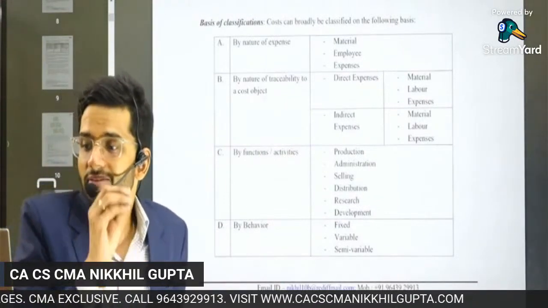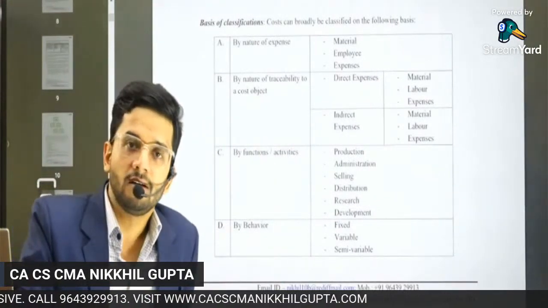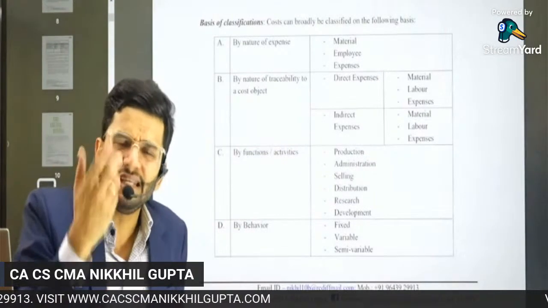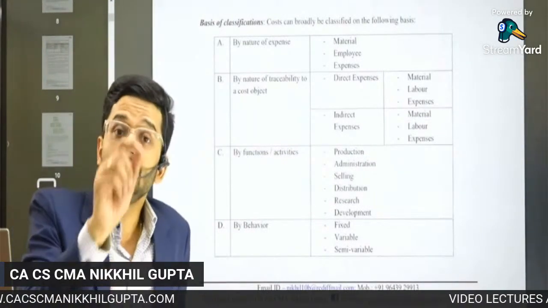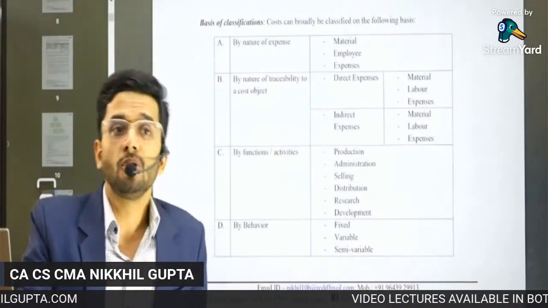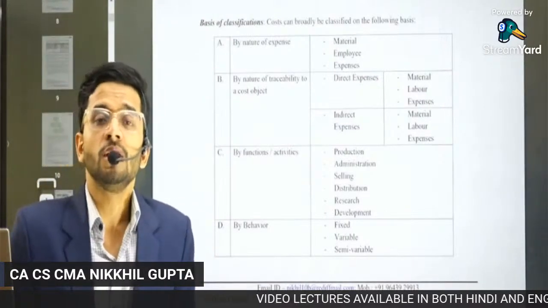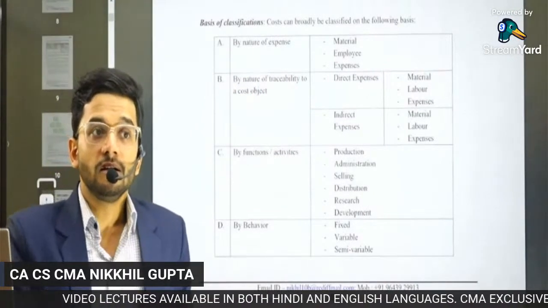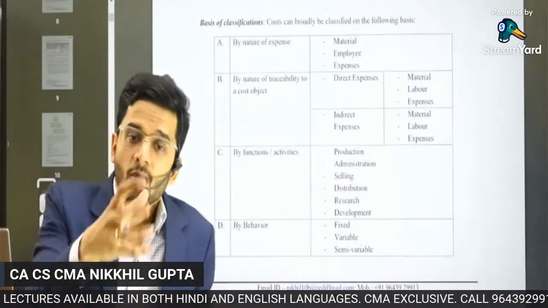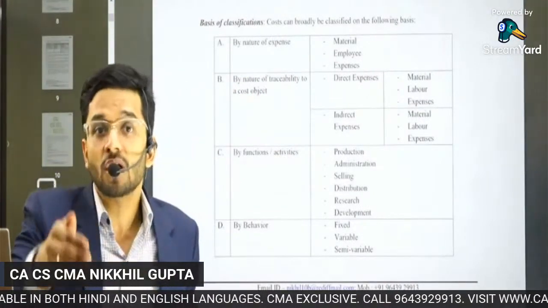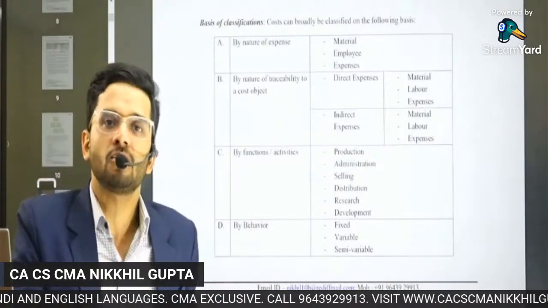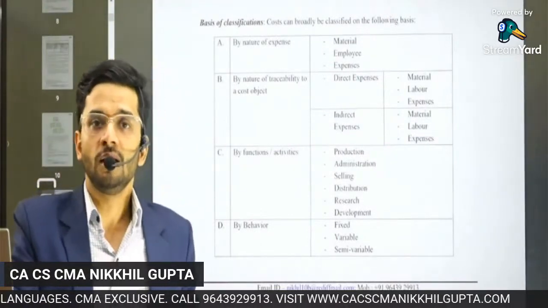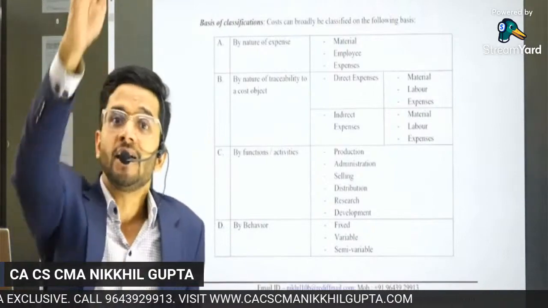Now, why are we classifying our cost? What is the need of classifying our cost? Guys, the need of classifying our cost is that we want to prepare a cost sheet where we want to segregate our cost according to some commonalities. According to some bulk, according to some bunch, we want to segregate our cost. We don't want to flood our cost sheet by writing all the costs together.